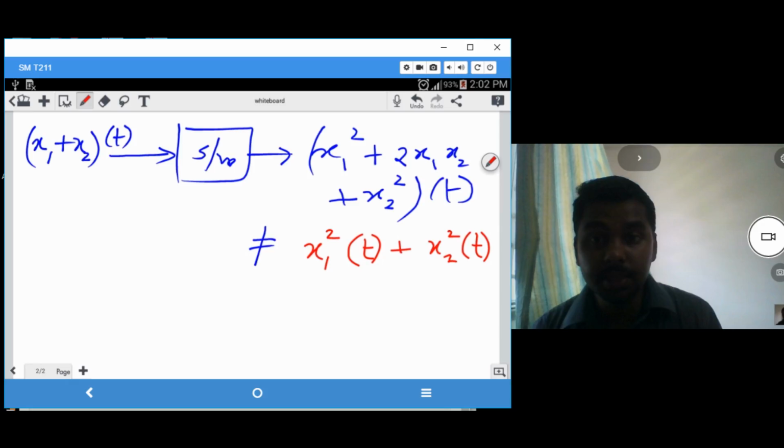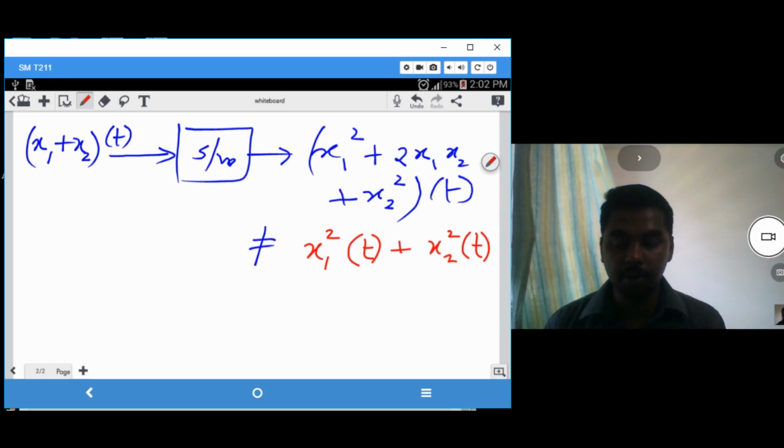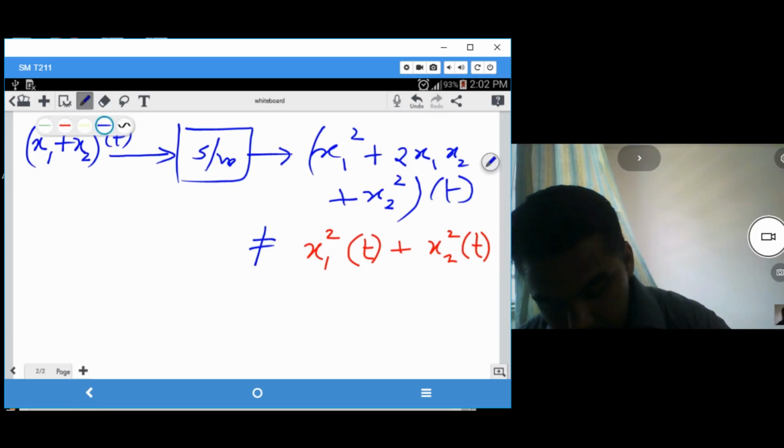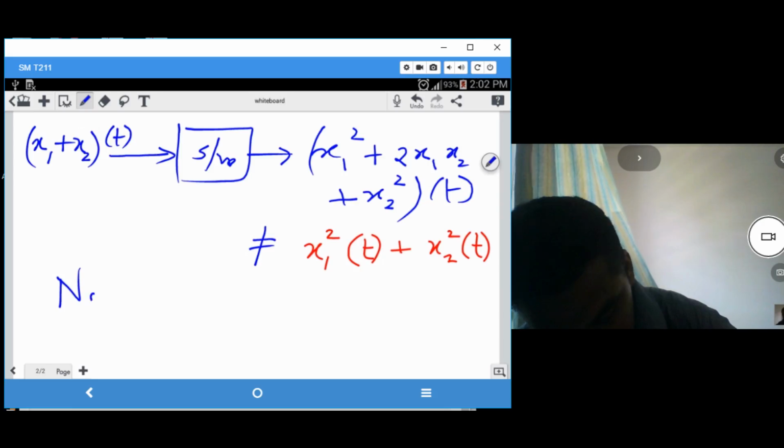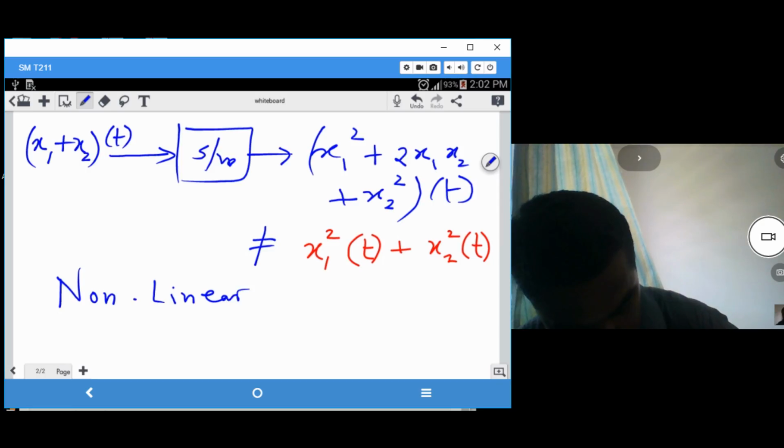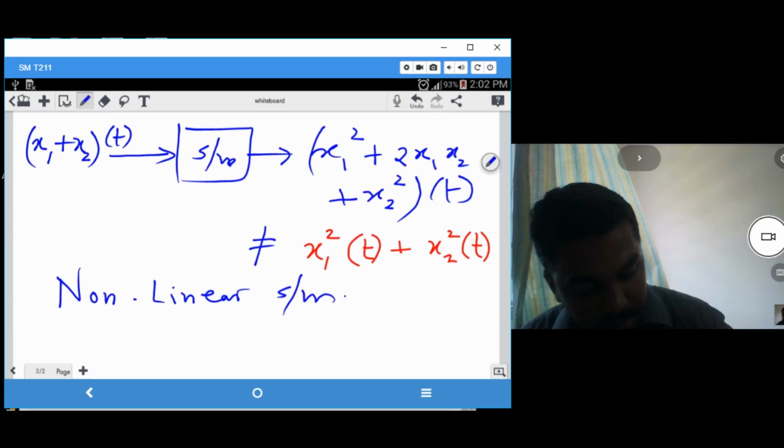So this is a negative example, a system that is non-linear.